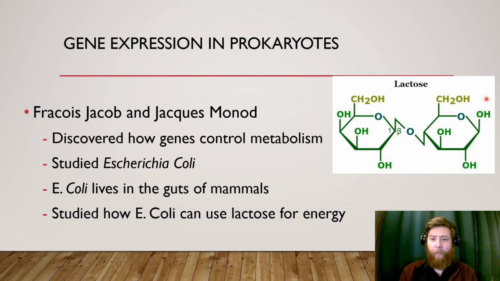Now, most of the time, we think of glucose as energy, and this is a molecule of glucose right here. But lactose is a molecule commonly found in milk, and it has this galactose unit here and this glucose unit bonded. E. coli are able to use this for energy, but only under certain circumstances.